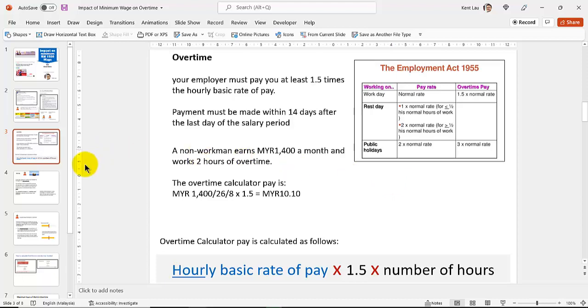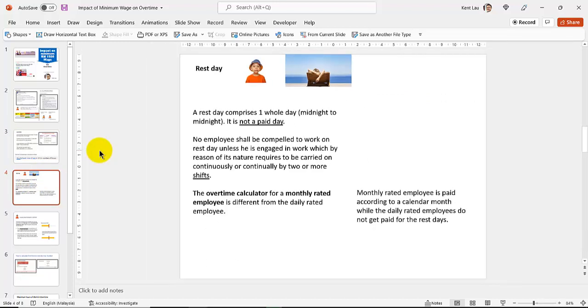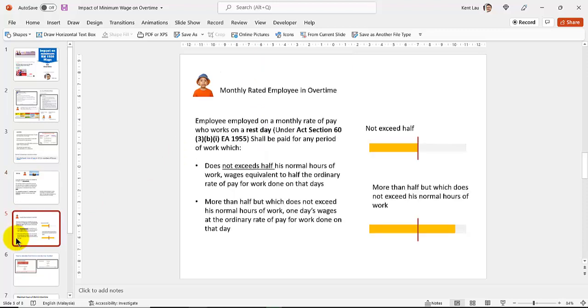Okay, so that's the one. And then what's the rest day? It's comprised of one whole day, midnight to midnight. It's not a paid day. According to the Employment Act 1955, if you do not exceed half, you get half of the ordinary rate.